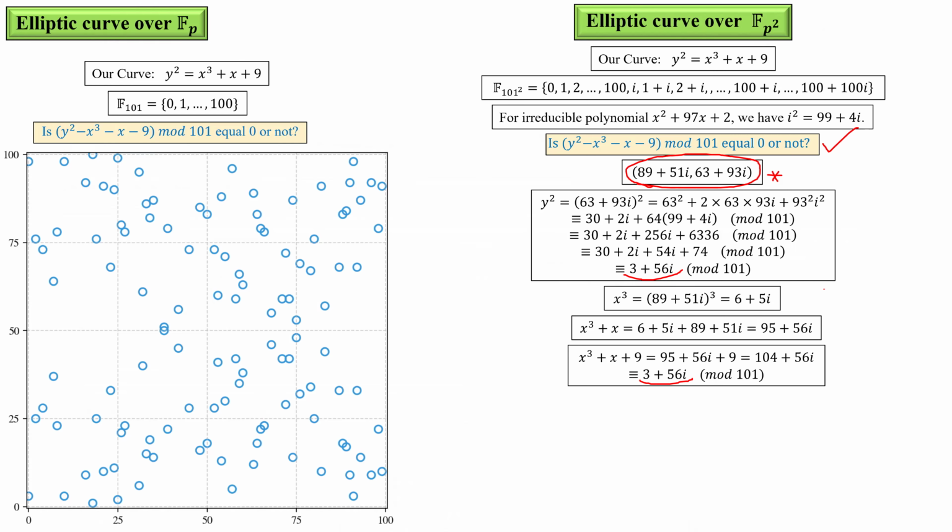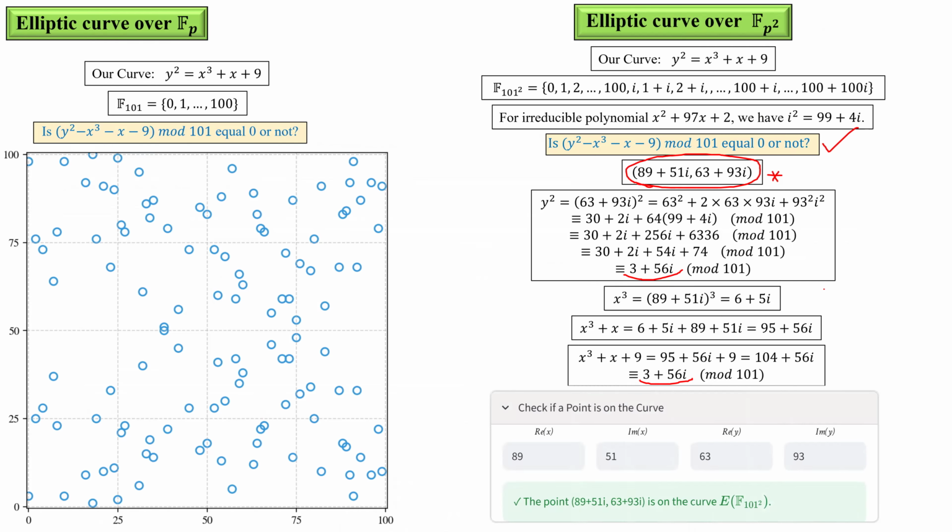So if you check other elements from the extension field, you can check using the website or manual computation to see whether an element is accepted or not.